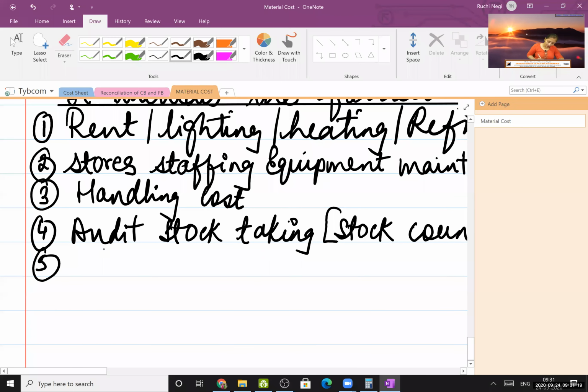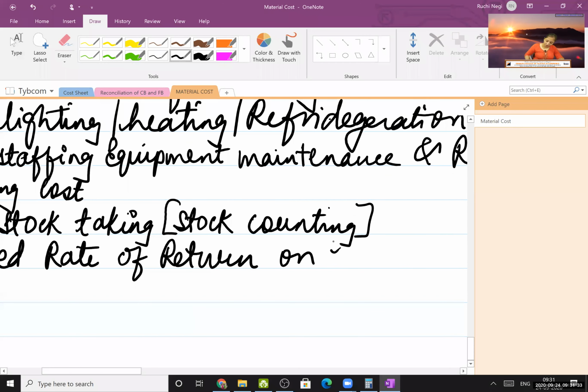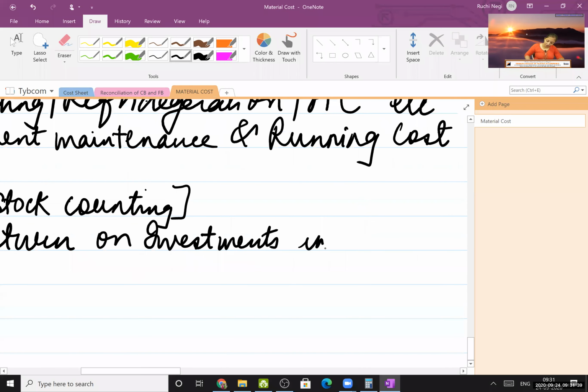Then required rate of return on investments in current assets.